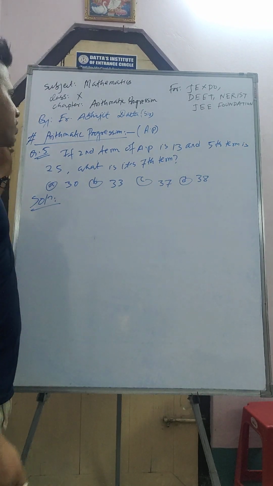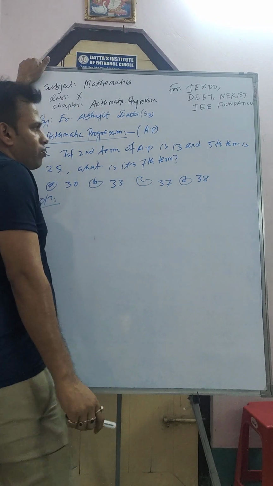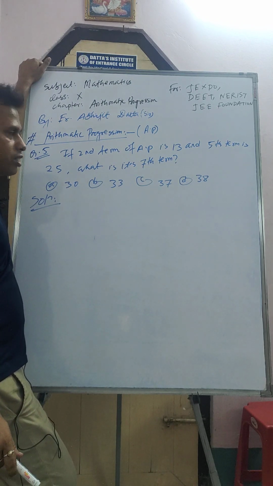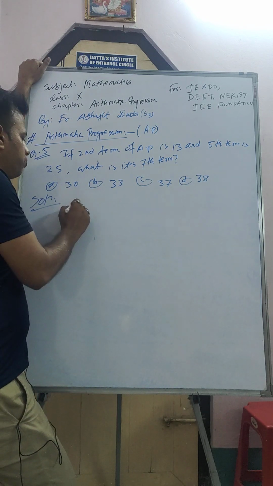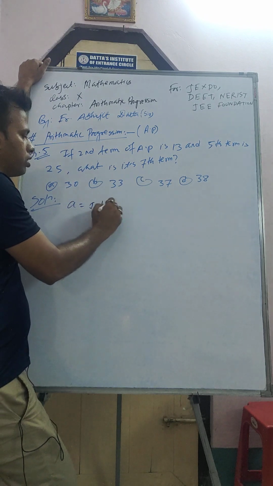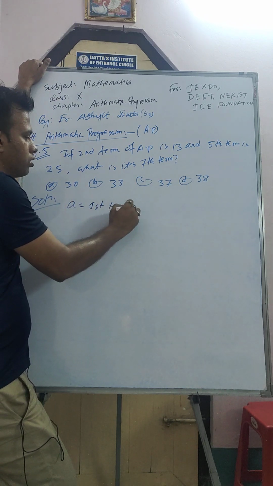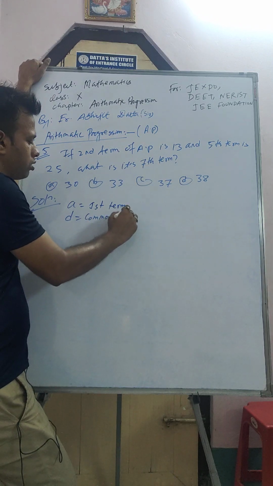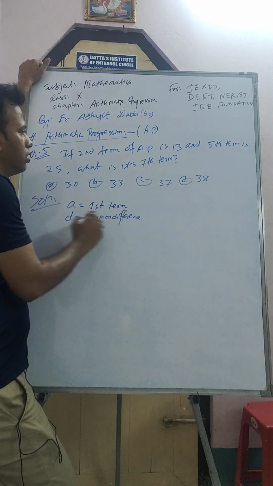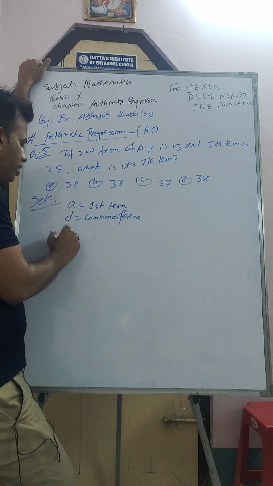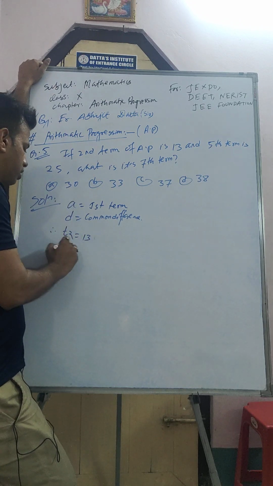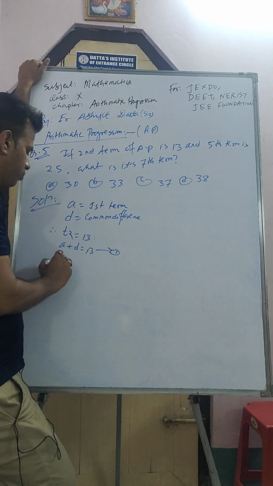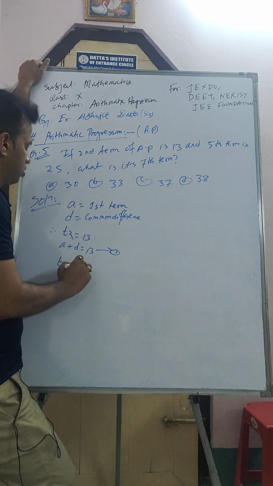So if the second term of an AP is 13 and the fifth term of an AP is 25, then what will be its 7th term? Okay. So I consider A is the first term, D is the common difference, and second term T2 equal to 13, that is A plus D equal to 13. This one is equation 1, and fifth term T5 equal to 25.